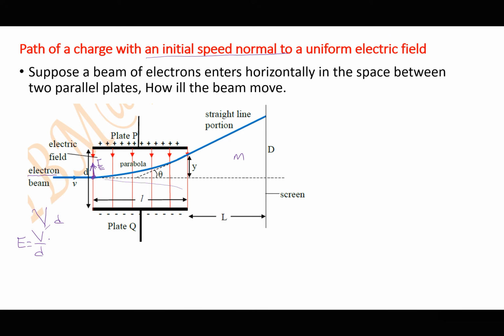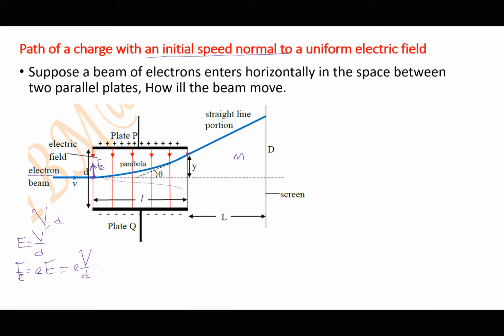And also, we know that the force due to the electric field on the electron will be the charge e times the electric field strength. So it is small e times capital E, and this implies we can also think about this force as being e times V over d.